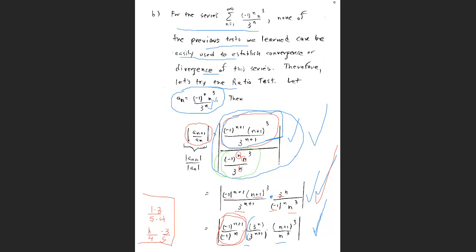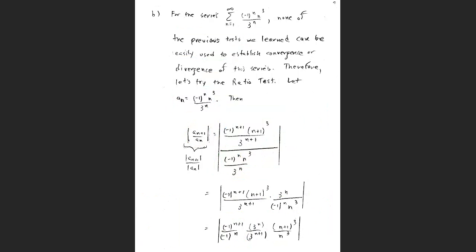What about 3? Let me just clean this. All right, so this here would equal -1 to the first power. What about this part here, the second part? 3 to the nth divided by 3 to the n plus 1.